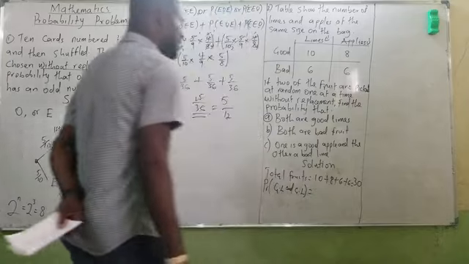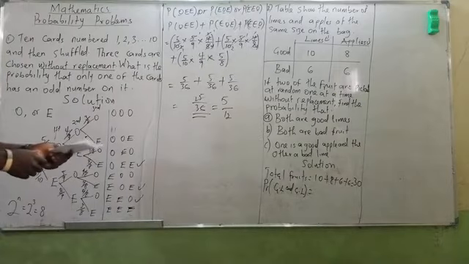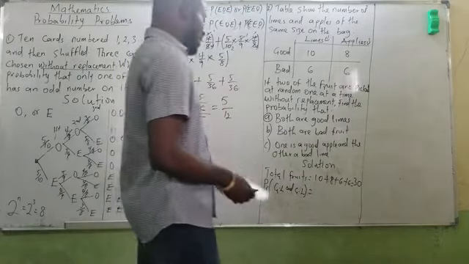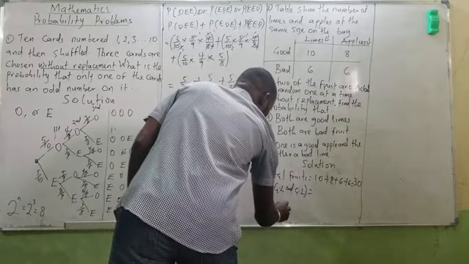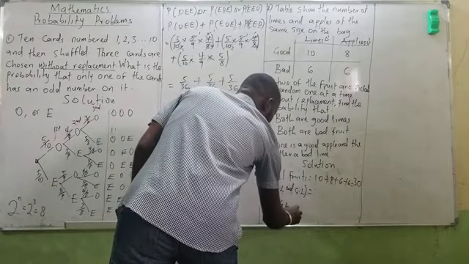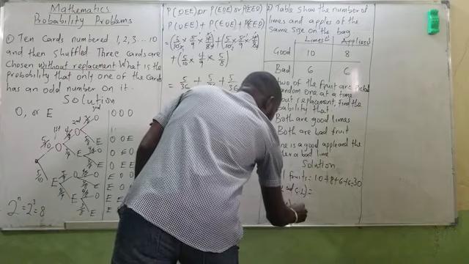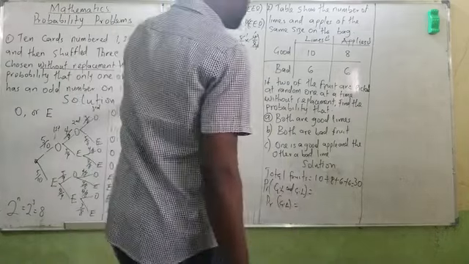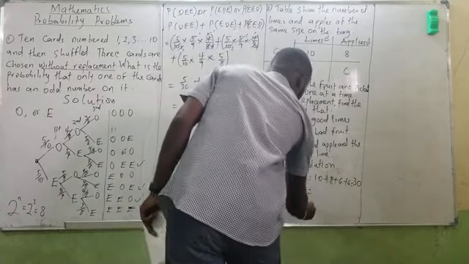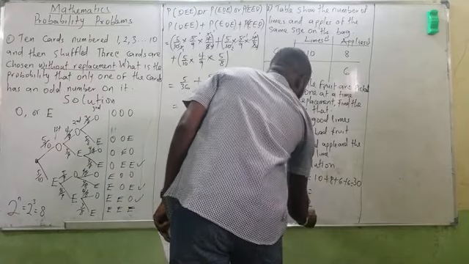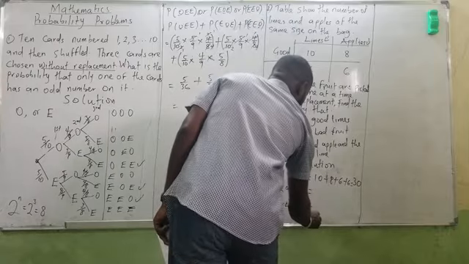Now, don't forget that this time around is without replacement. What's the probability of good line? It is 10 all over what? The total number is 30.